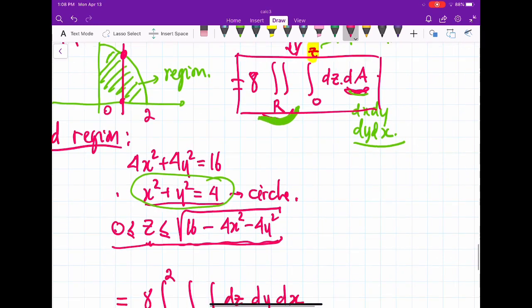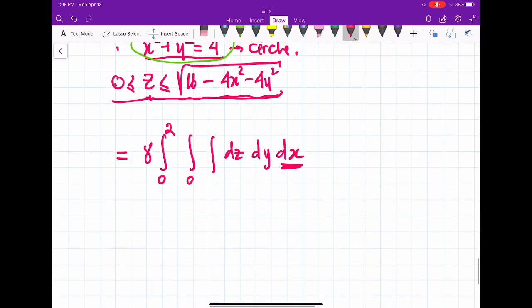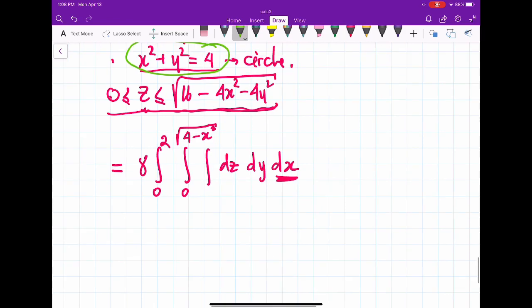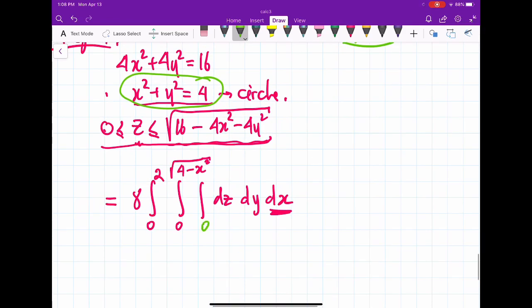Makes sense? So I have the following one. From 0 to the square root of 4 minus x squared. And then for the z, I have 0 in here, and then this is the square root of 16 minus 4x squared minus 4y squared.